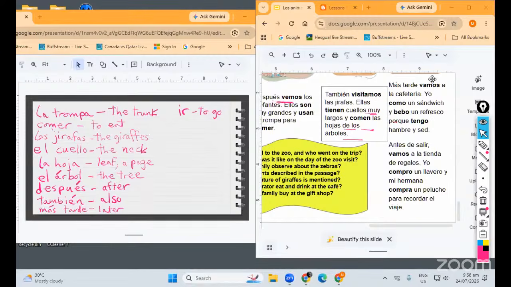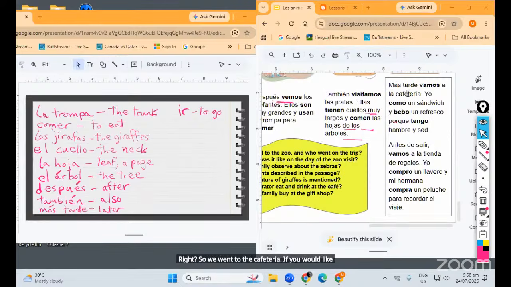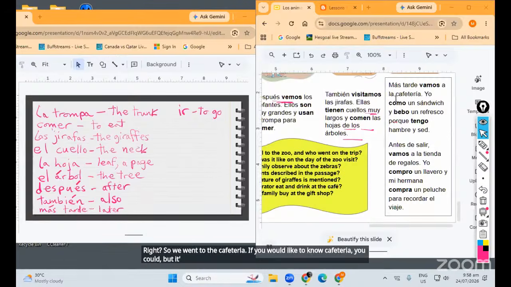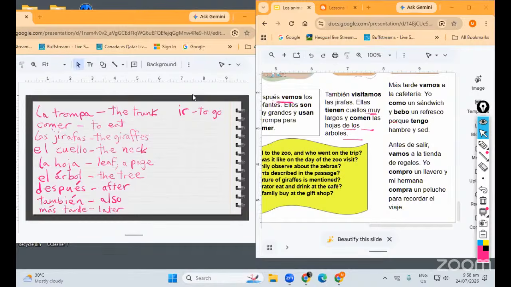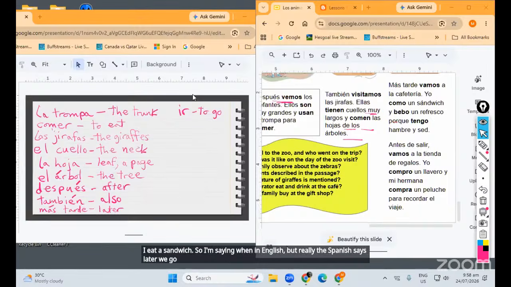Right? So we went to the cafeteria. If you would like to know cafeteria, you could, but it's the same word with the accent, right? Cafeteria. I eat a sandwich. So I'm saying went in English, but really the Spanish says later we go to the cafeteria.